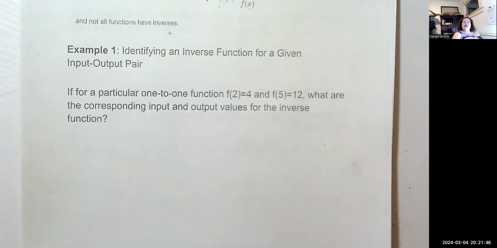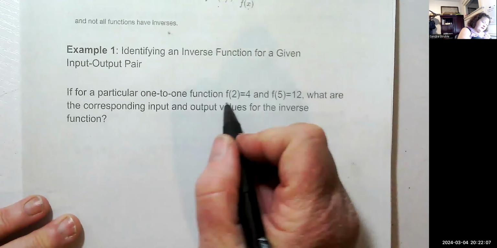Okay, example 1, identifying an inverse function for a given input-output pair. So for a particular one-to-one function, that means for every x there's only one y, and for every y there's only one x. What are the corresponding input and output values for the inverse function?